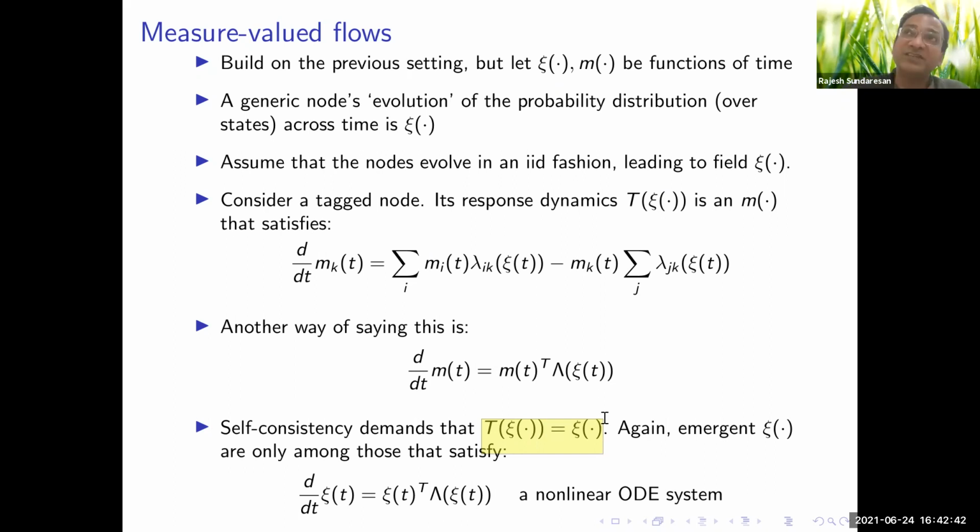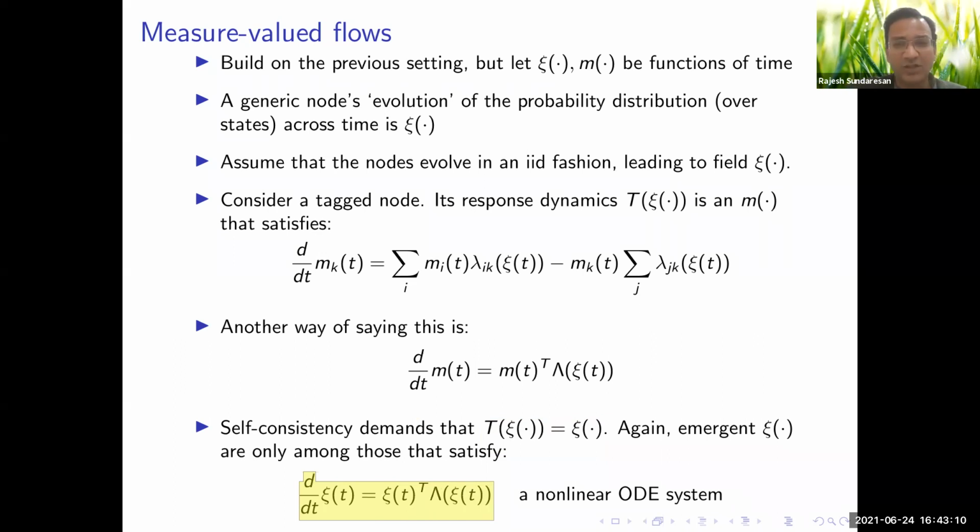So yet again, you can see that we have not really analyzed the system in full, but we are saying that the system's evolution in time, or how the mean field will evolve in time, is something that satisfies this fixed point equation. And if you look at this fixed point equation, plug in m of t equal to xi of t, that's what we are demanding in this particular equation, then that gives us this equation here, which is a nonlinear ODE.